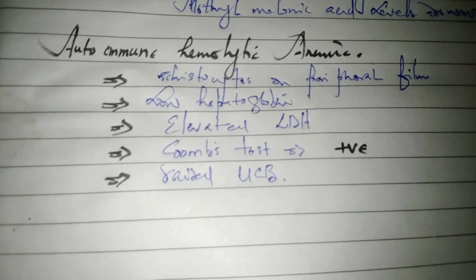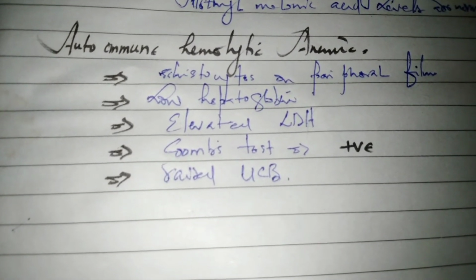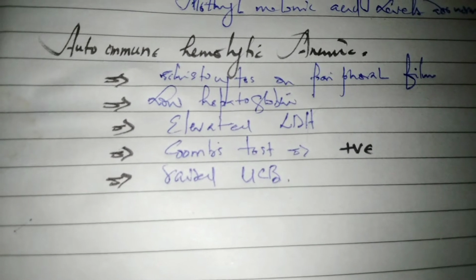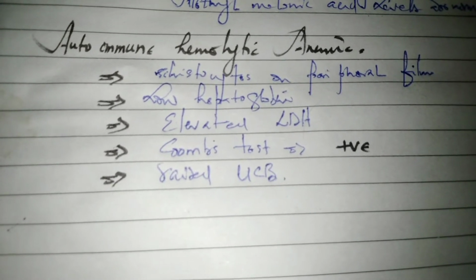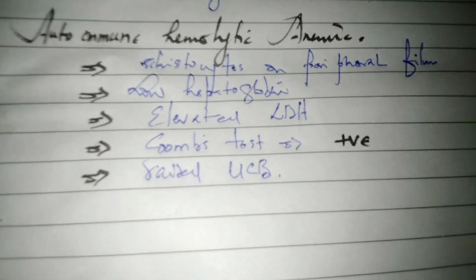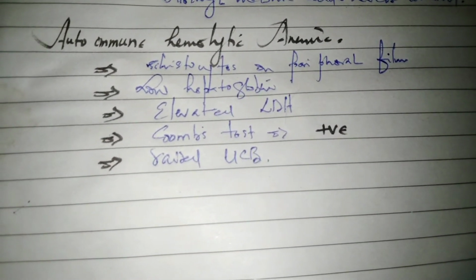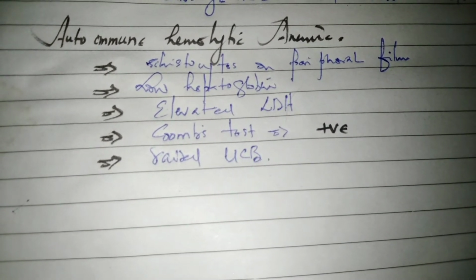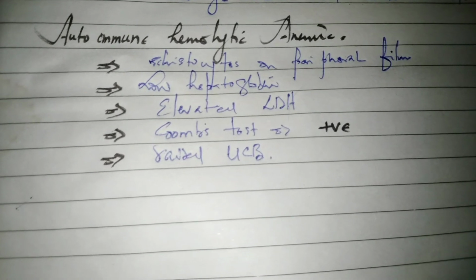Therefore, nature increases the production of haptoglobin in order to handle the bilirubin. But as it is formed, it is consumed. Therefore, there is a low haptoglobin level, elevated LDH, Coombs test could be positive, and raised unconjugated bilirubin.